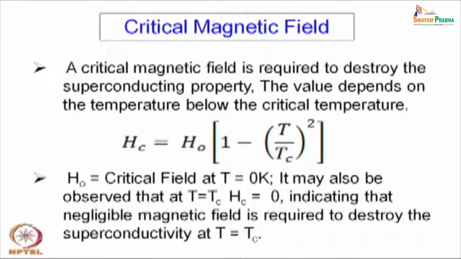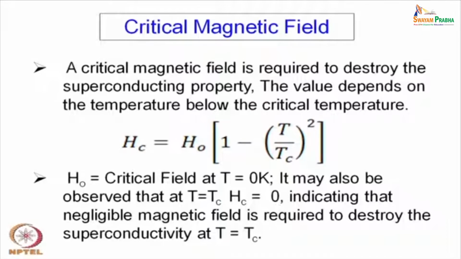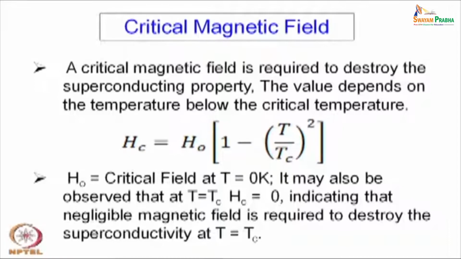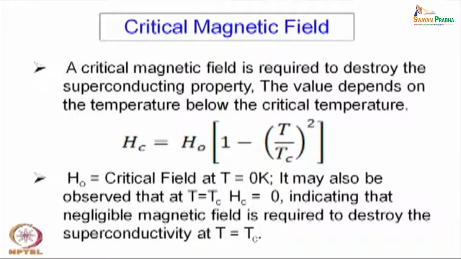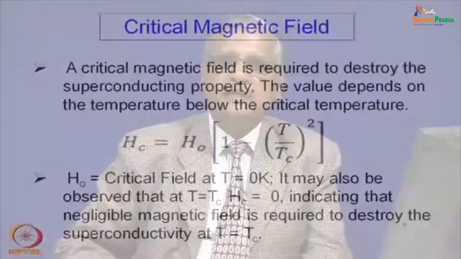So, the value depends on the temperature below the critical temperature. Obviously, above the critical temperature there is no question of superconductivity, but even below the critical temperature there is a possibility that the superconductivity can destroy itself, and that depends on what kind of magnetic field it generates, either by itself or a magnetic field induced from the outside.